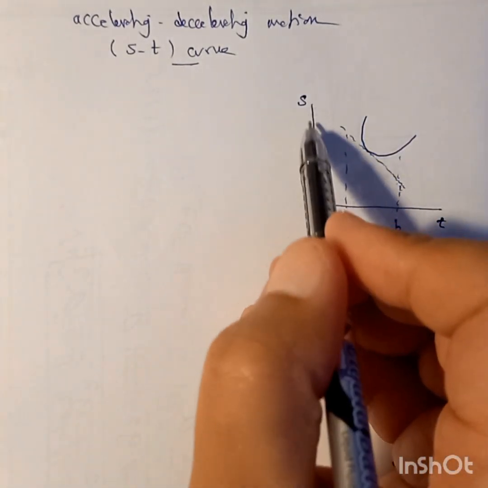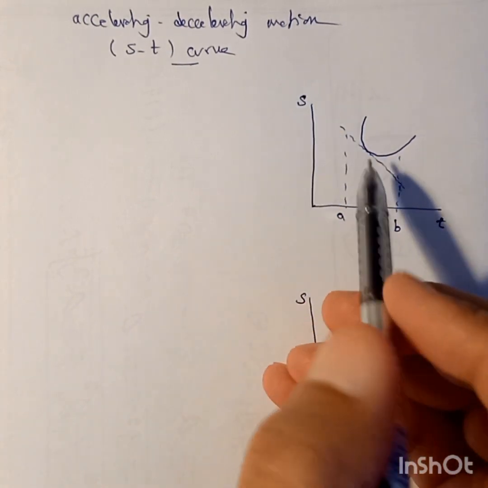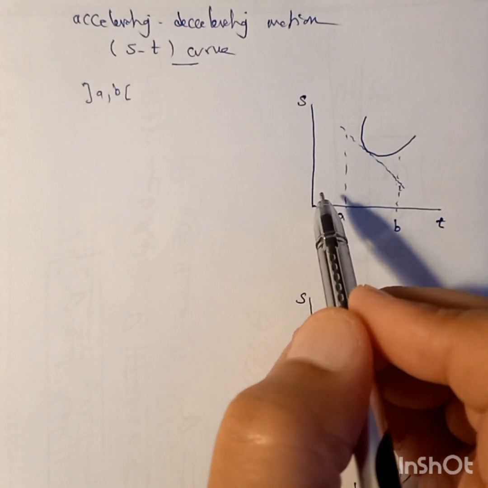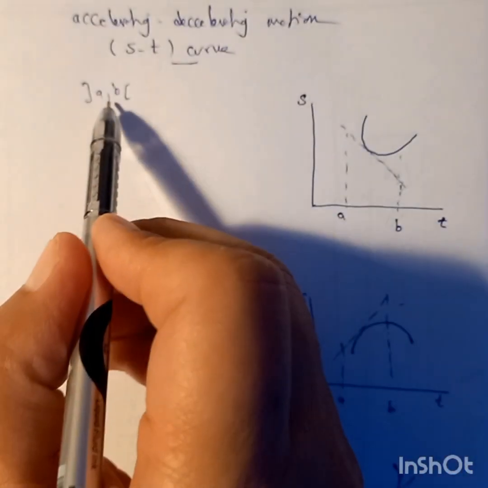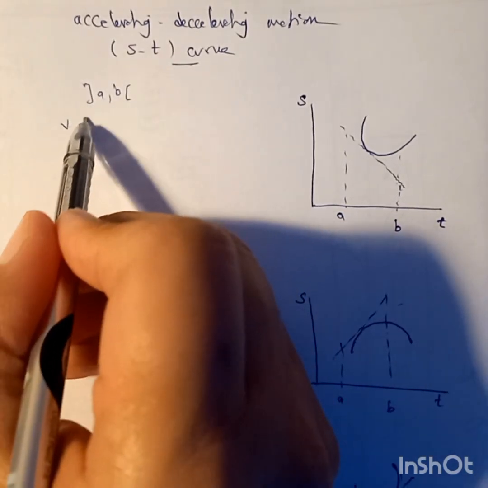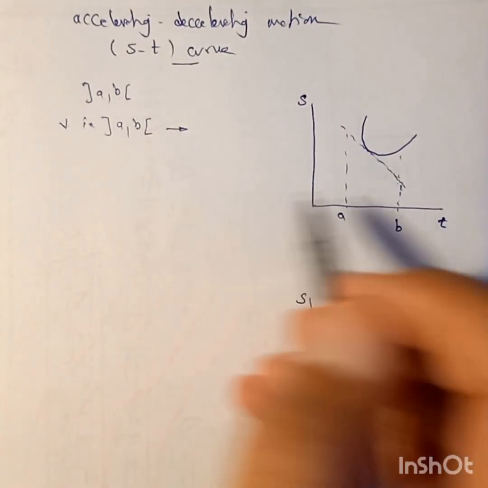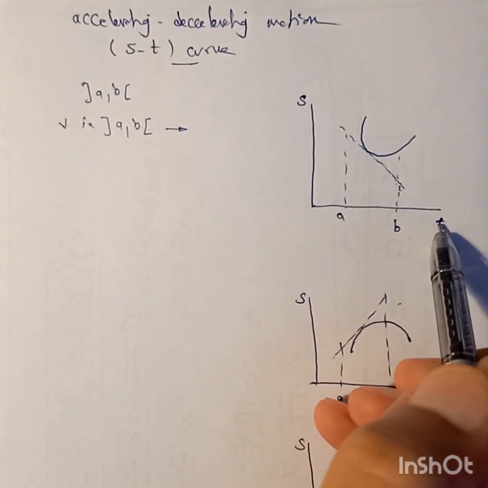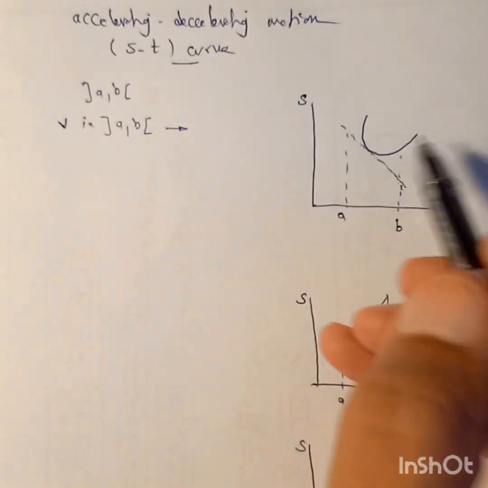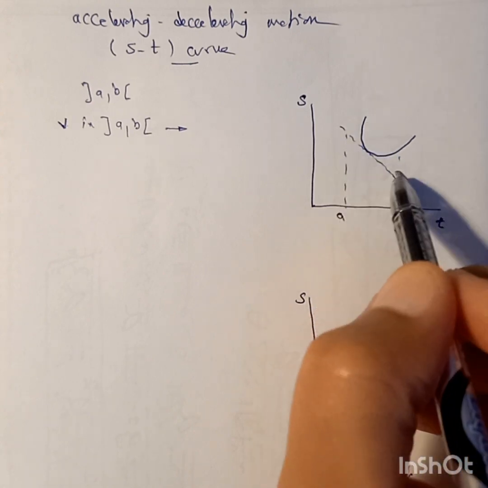For case number 1, we have this curve representing the relation between S and T. It is required to find the type of motion during the time interval A to B. As we said, we first have to find the sign of the velocity during the interval A to B. As we are dealing with an ST curve, the velocity is represented by the slope of the tangent to the curve within this time interval.